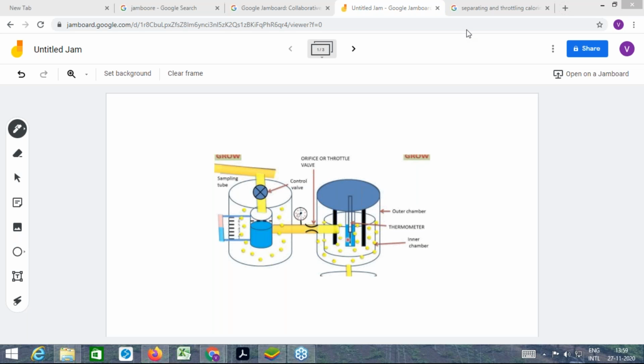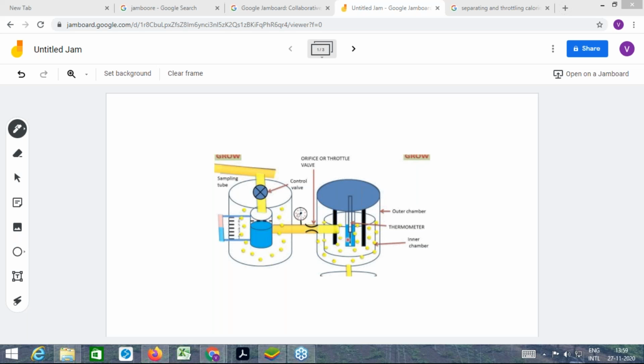Though the term is calorimeter, it has nothing to do with the determination of calorific value.